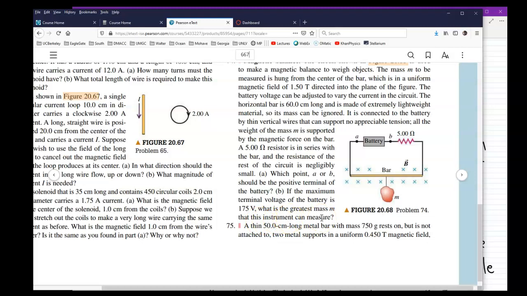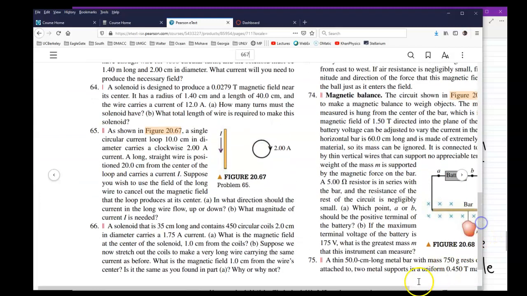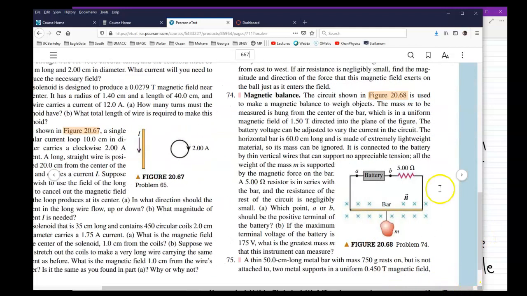Now, I urge you, stop the video and think about it, try to digest it, read the problem a couple of times, and make sure that you really understand it. This also has to do with the right-hand rule. I feel bad that I can't show it to you, but that really has to do with the right-hand rule as well.